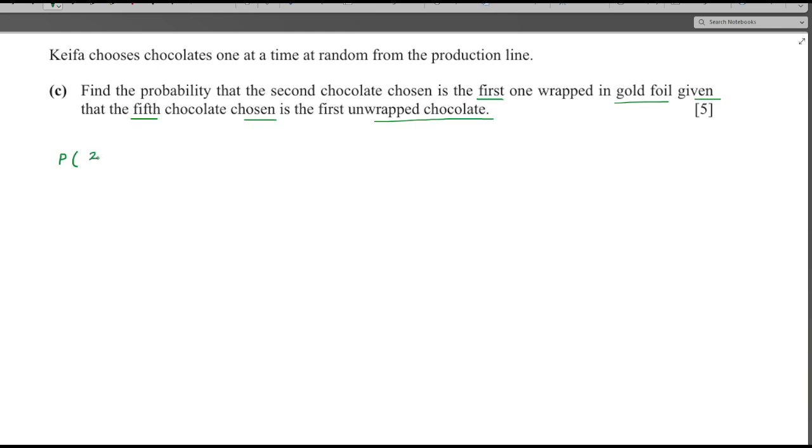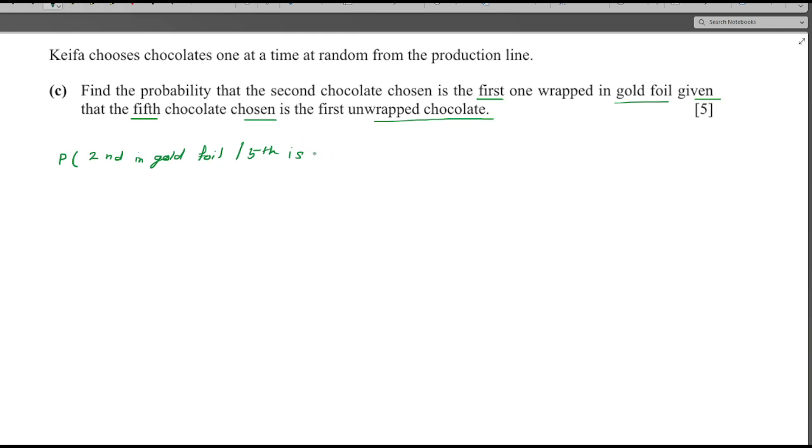So second in gold foil, provided fifth is unwrapped.